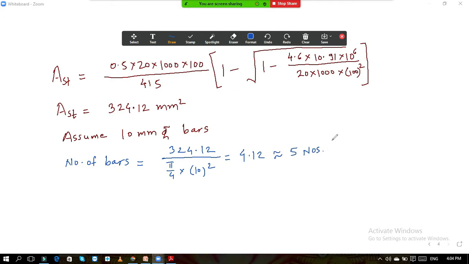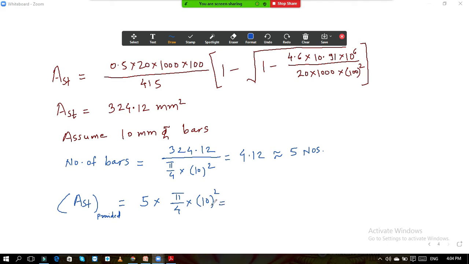If we provide 5 bars, each of diameter 10 mm, then what is the area of steel we are providing? Ast provided is equal to 5 into pi by 4 into 10 square.